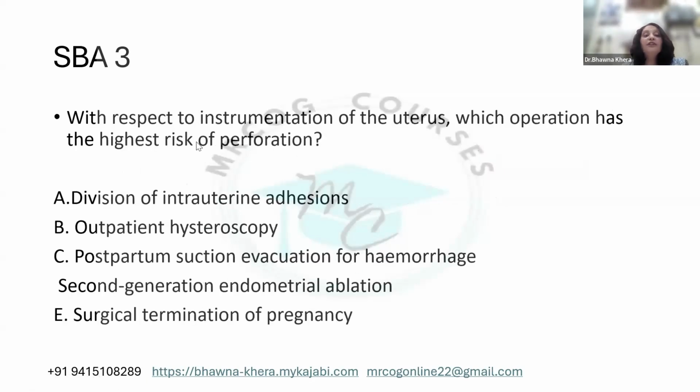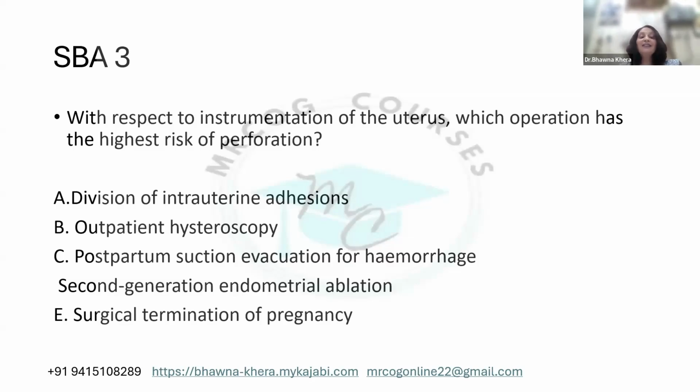Now, with respect to instrumentation of the uterus, which operation has the highest risk of perforation? Right, something beyond the hysteroscopy, but yes, it's an important question. Which of the following procedures will have a maximum risk of perforation? Division of intrauterine adhesions, outpatient hysteroscopy, postpartum suction evacuation for hemorrhage, second generation endometrial ablation, and surgical termination of pregnancy.